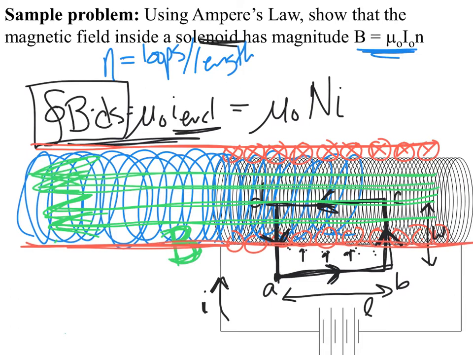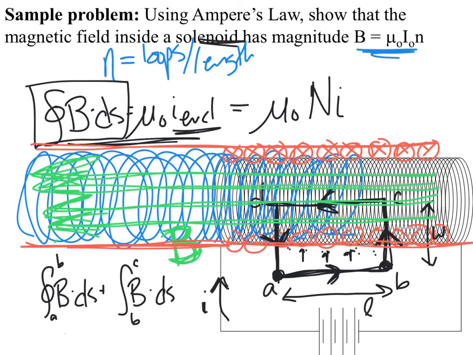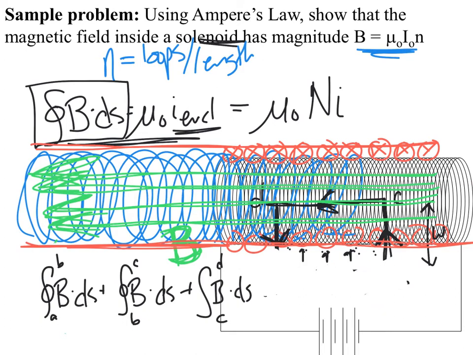It may be easiest for me to break this up into parts. So let's do the integral of B dot ds as we go from A to B. Then we'll do the integral of B dot ds when we go from B to C, and we'll add to that the integral of B dot ds when we go from C to D. And then we'll do the integral of B dot ds as we go from D to A. Maybe I shouldn't even draw this as a closed loop, because it really isn't.